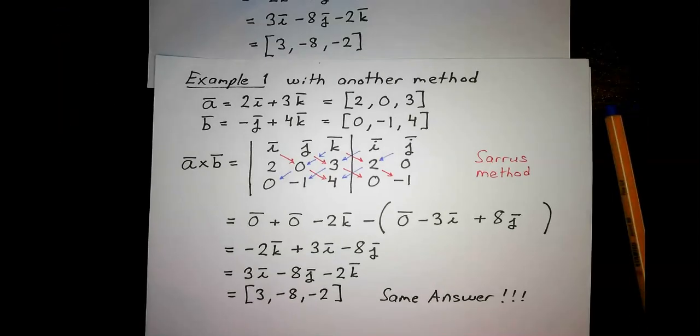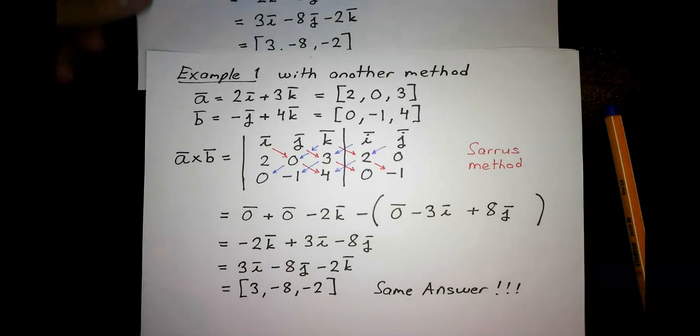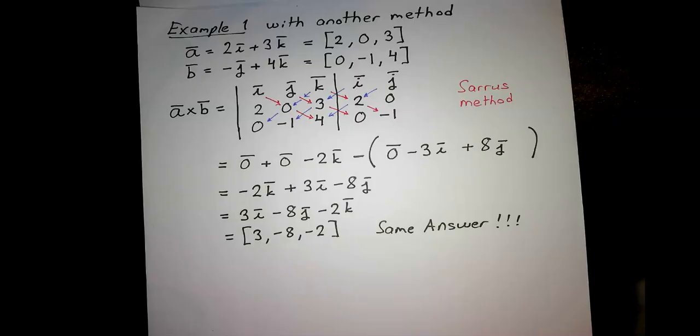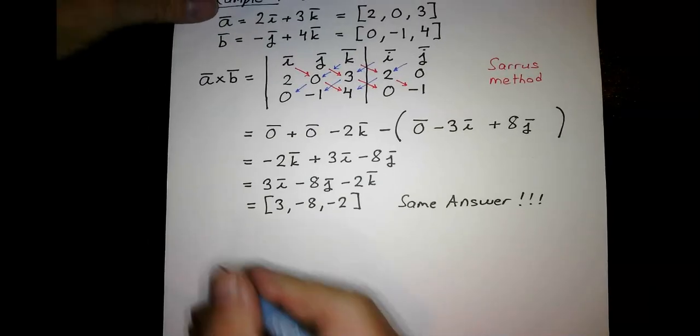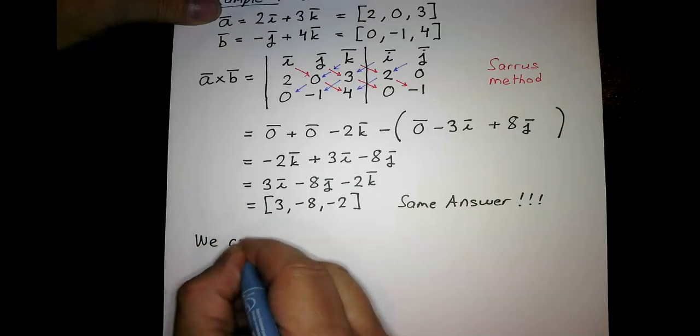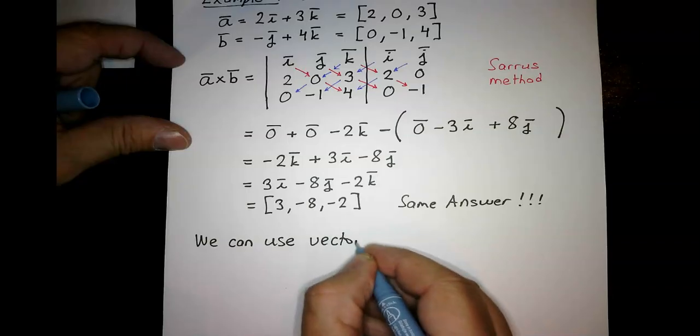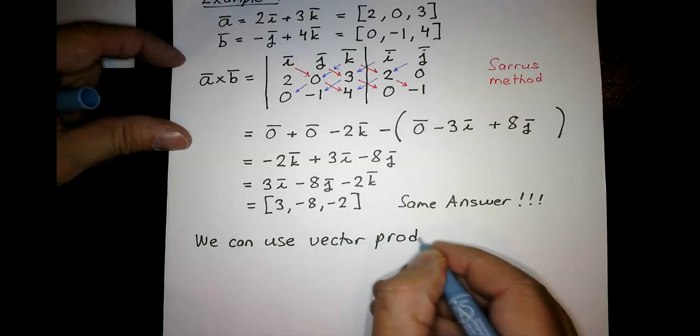So this is the method of how you calculate the vector product or cross product, and now I will get some kind of practical application, or at least some kind of application. We can use vector product.